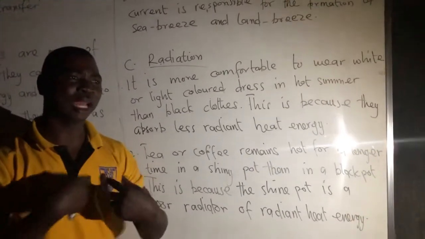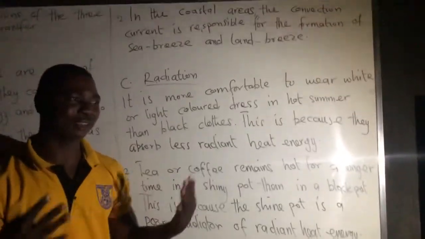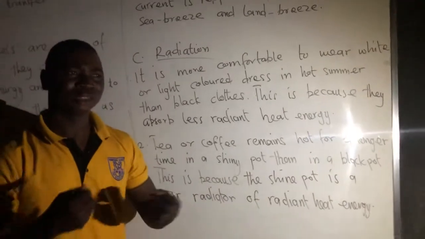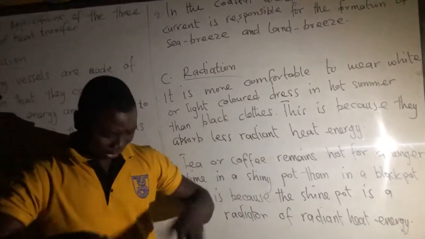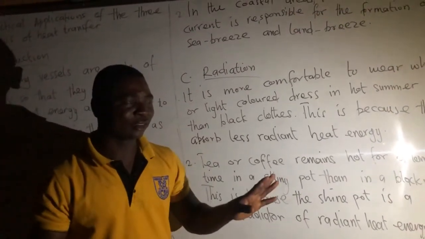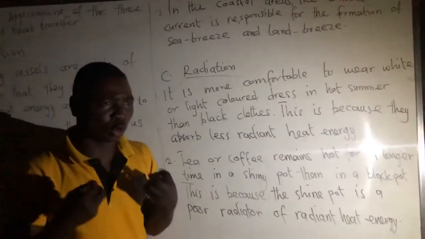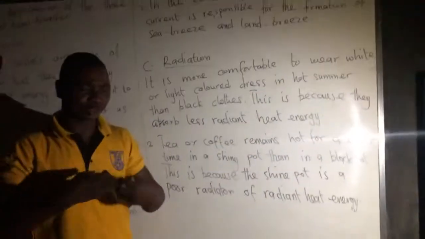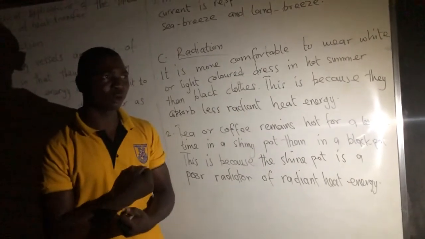But when you wear light clothes, like white, the white clothes reflect light, but the black clothes absorb light. It absorbs the light, so it makes you feel more hot.